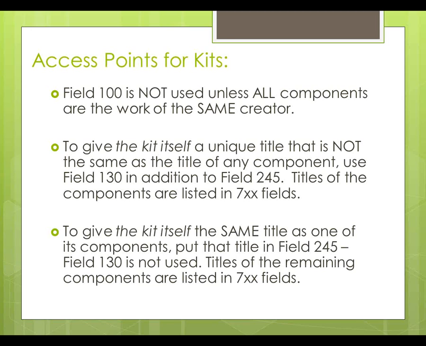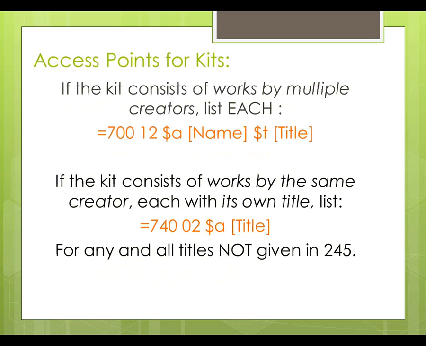Again, you want to list the other titles of the components using field 740, second indicator 2. 740 is the normal choice because it's uncontrolled, quote unquote. There's also 730 for uniform titles if that title already exists as an authority record. And anyway, like I said, the Library of Congress MARC standards page explains this, so go there.